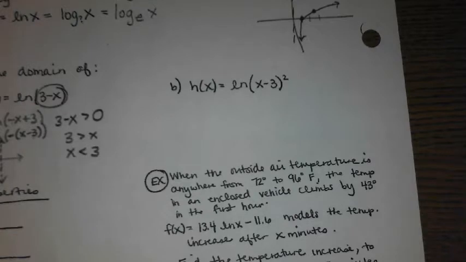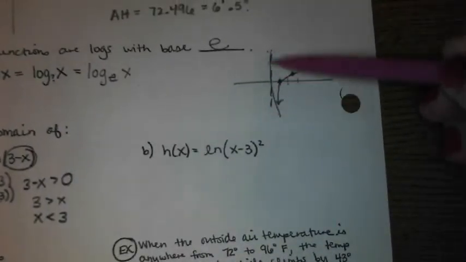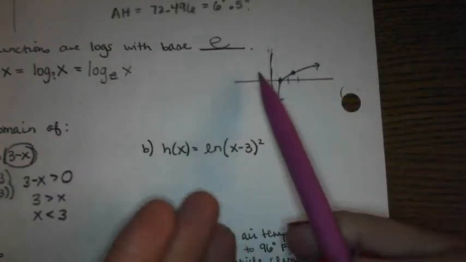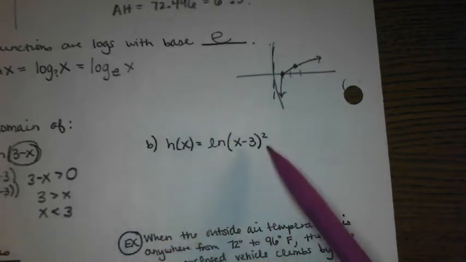You were on the right track. So here's the thing. Normally with a log function, you have an asymptote, and the graph only exists on one side or the other, because you can't take the log of negative numbers. So this was a parent graph.